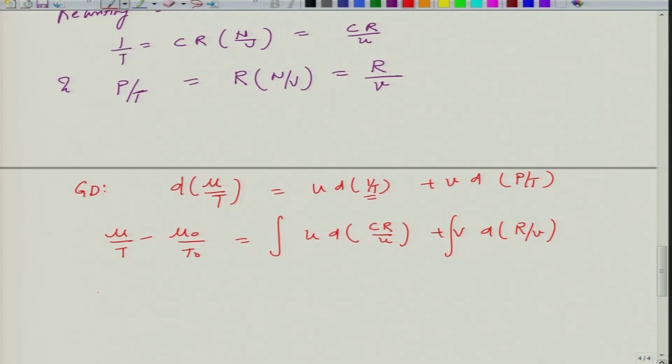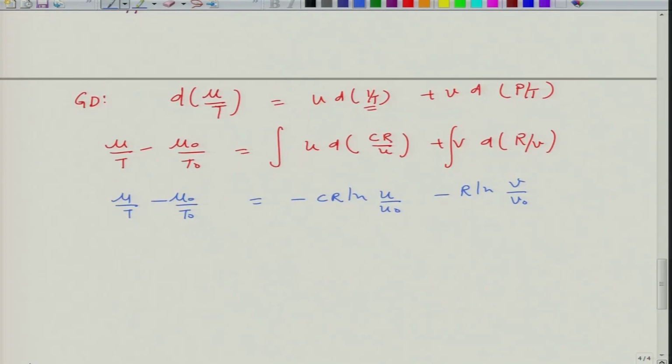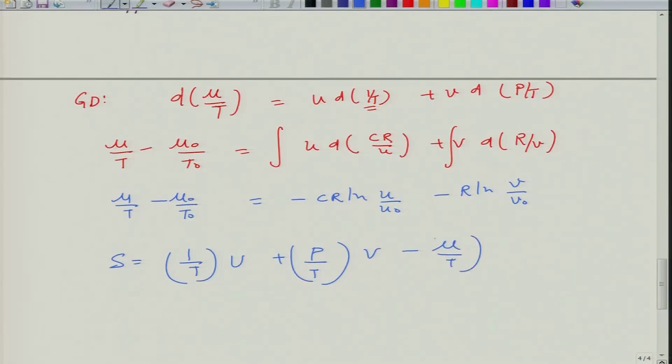If you extend this, you are going to get the right hand side as minus C r ln(u divided by reference u0) minus r ln(V by V0), okay. So, this is the expression which you can get from this. Now if you substitute this in the Euler equation, the Euler equation of the entropy is S = (1/T)U + (P/T)V - (mu/T)N. Okay.